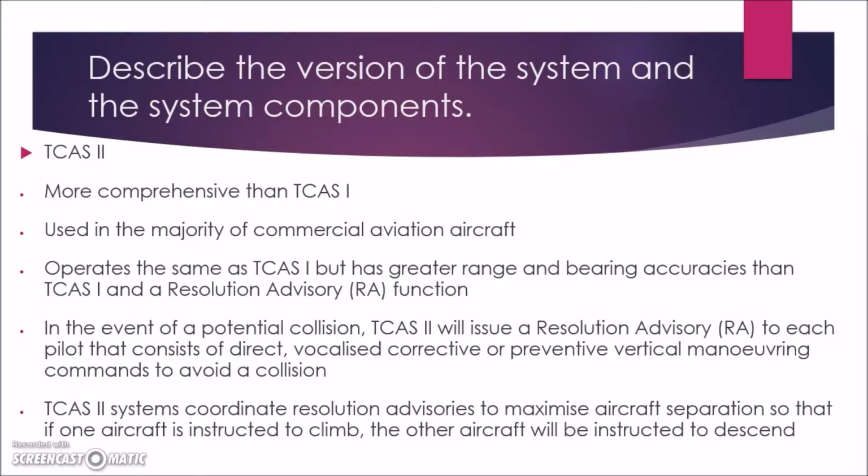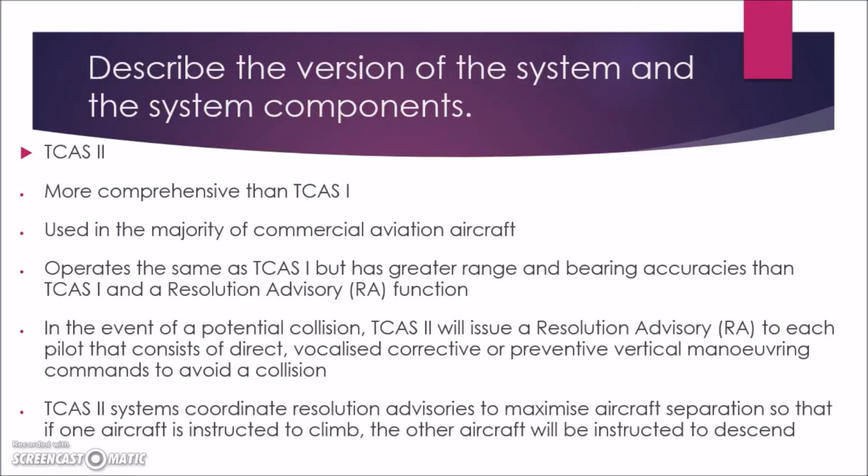In the event of a potential collision, TCAS 2 will issue an RA to each pilot that consists of direct, vocalized correction or preventive vertical maneuvering commands to avoid a collision.